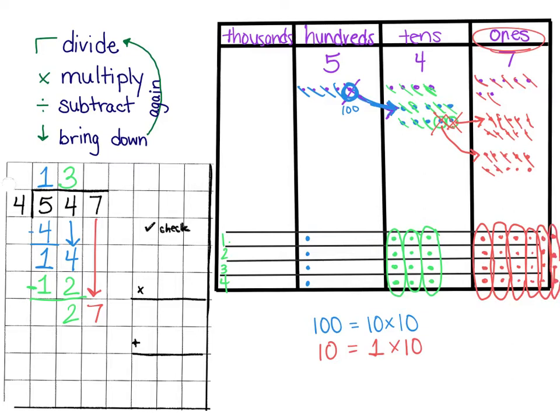So when we divided, we got 1, 2, 3, 4, 5, 6 groups. So 27 divided by 4 is 6 groups. And of course we can check our work. 6 times 4 is 24.